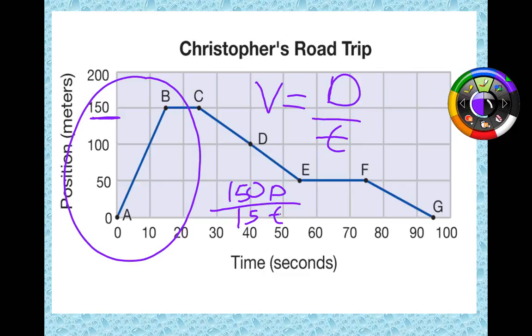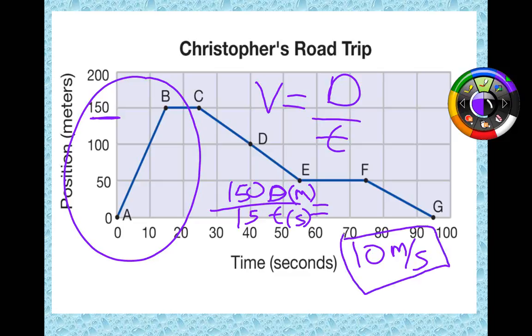If we take that 150 and divide it by 15, we get 10 meters per second. Our distance was in meters, and my time was in seconds. Christopher was traveling 10 meters per second between points A and B.